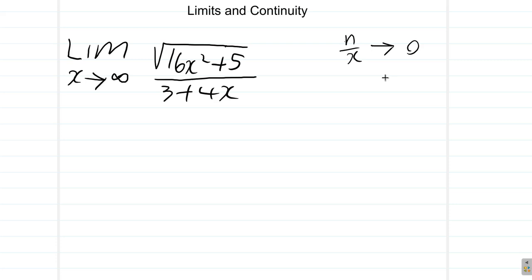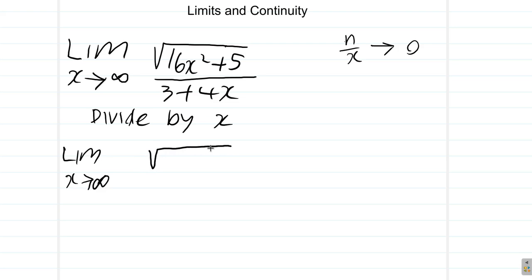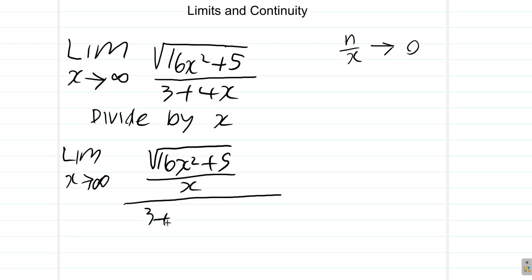Okay, you finished working it out. What did you get? Let us look at it. Now this, if we divide by x, what we're going to have is the limit as x tends to infinity of the square root of 16x squared plus 5, divided by x, all over 3 plus 4x divided by x, right?